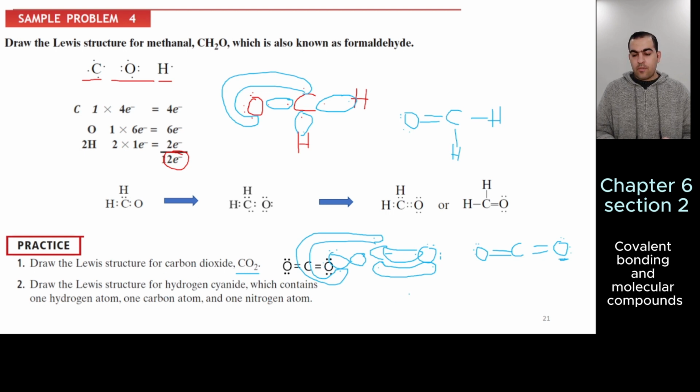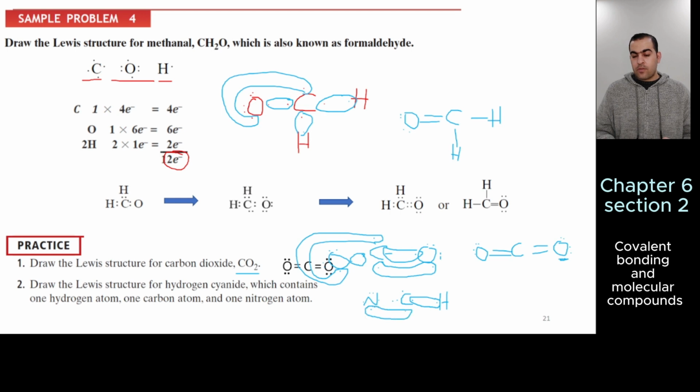Okay, you can do it for another one that is made of 1 hydrogen, 1 carbon, 1 nitrogen. Carbon is central, and nitrogen and hydrogen will surround the central carbon. Nitrogen must make 3 bonds and carbon must make 4 bonds. So carbon makes a bond with this hydrogen. It must make 3 more bonds, so it makes 3 bonds with the 3 electrons of nitrogen.